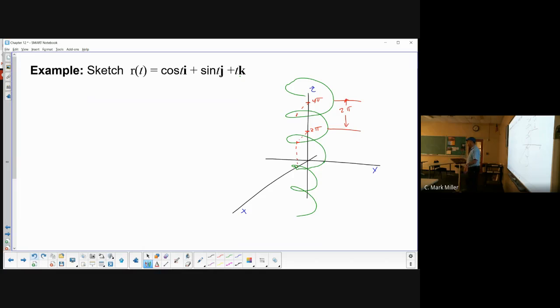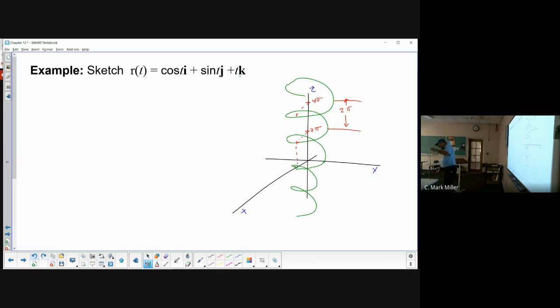So the new things in this problem are what? We have this z. You're not just doing x, y. But if you were an observer looking at it down the z-axis from the top, it would be a circle.